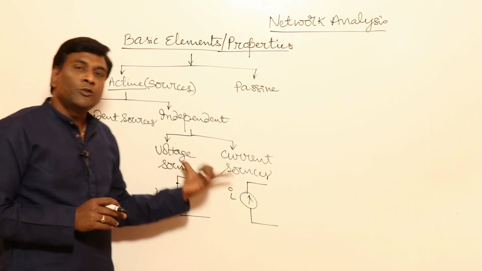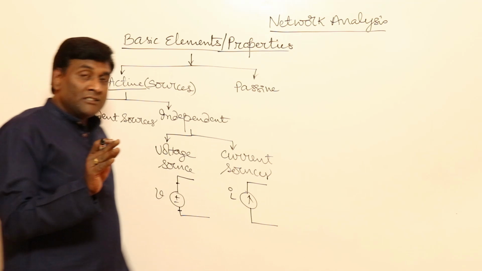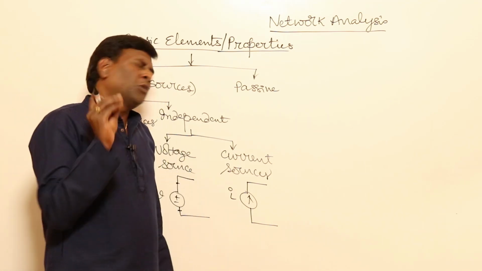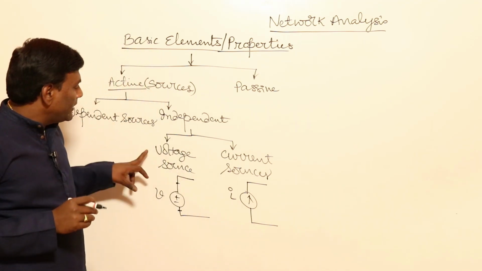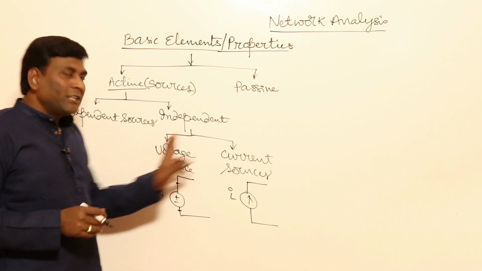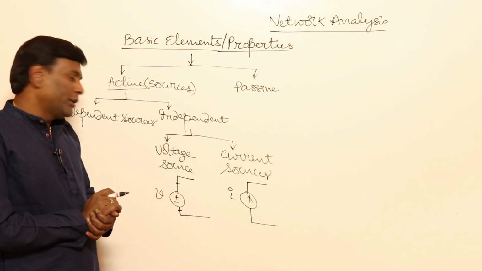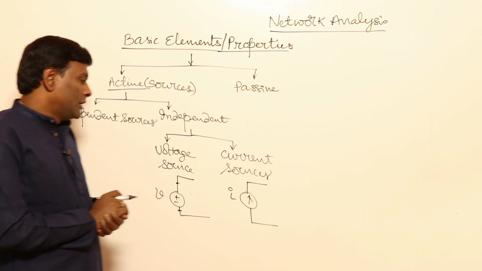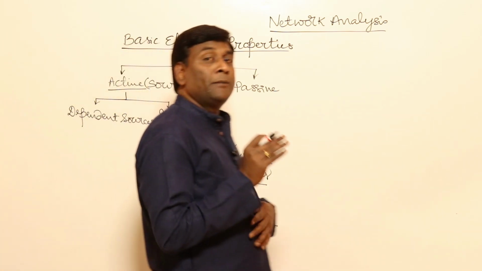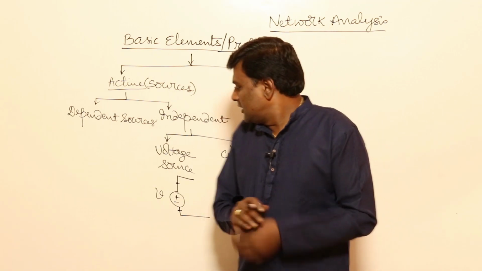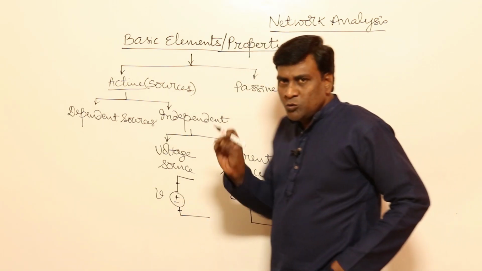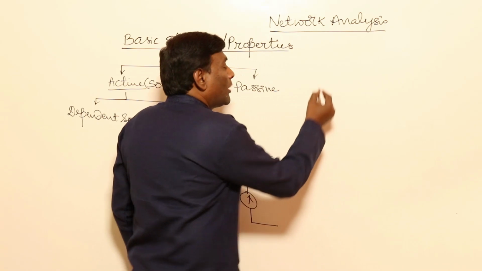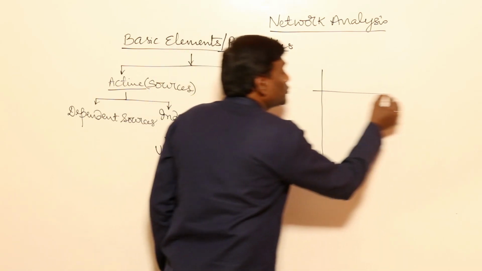Now, what is a source? What is an independent source? At the end of this discussion, you will get wonderful conclusions. Just stay tuned. Independent voltage source will be there, current source will be there. What is meant by an independent source? If I ask you one question: what are the waveforms that can be source waveforms?